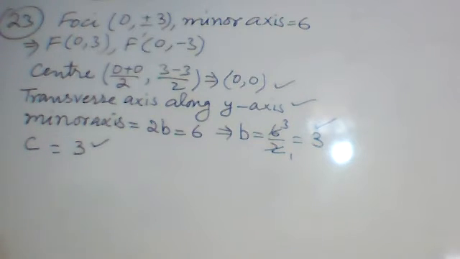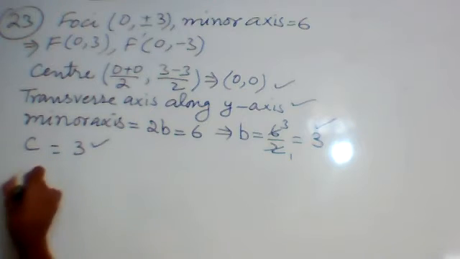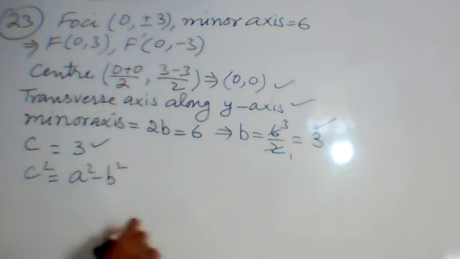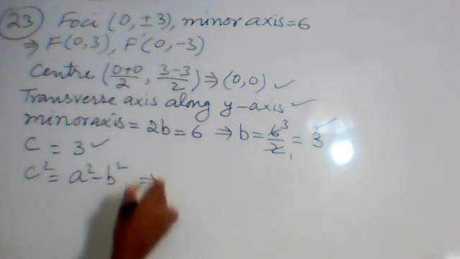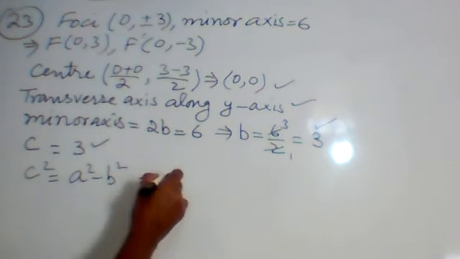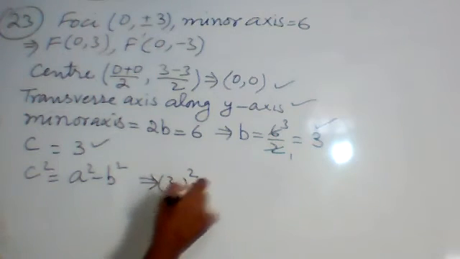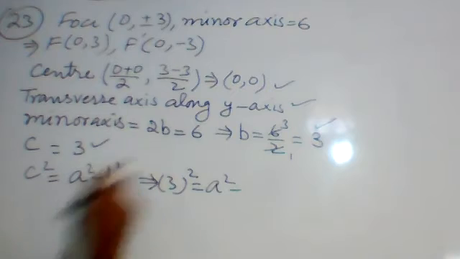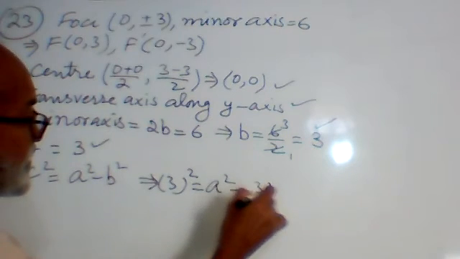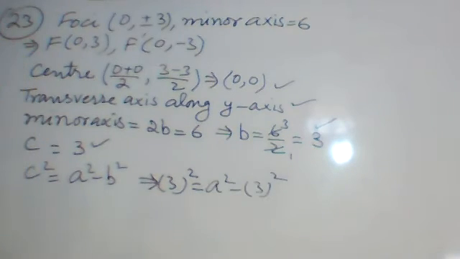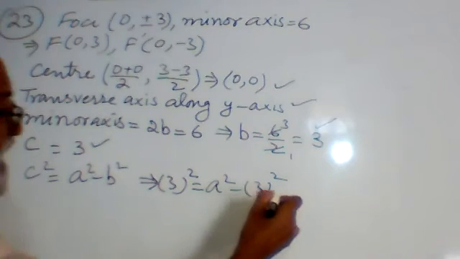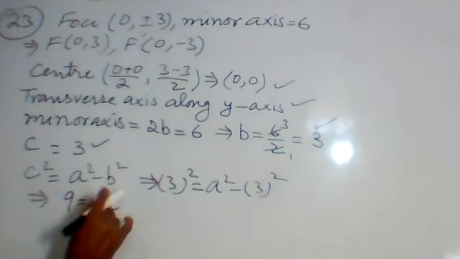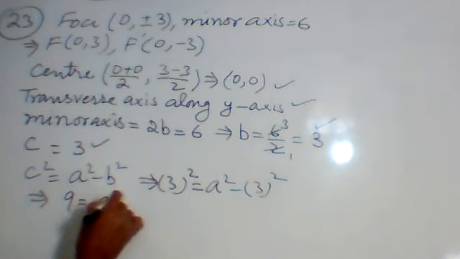Use the formula c square is equal to a square minus b square. Put the values. c is 3, so 3 square. a is unknown. Minus b, b is 3. It will become 9 equals a square minus 9.